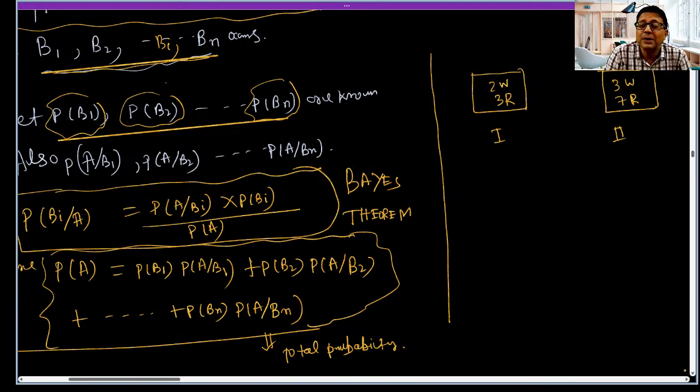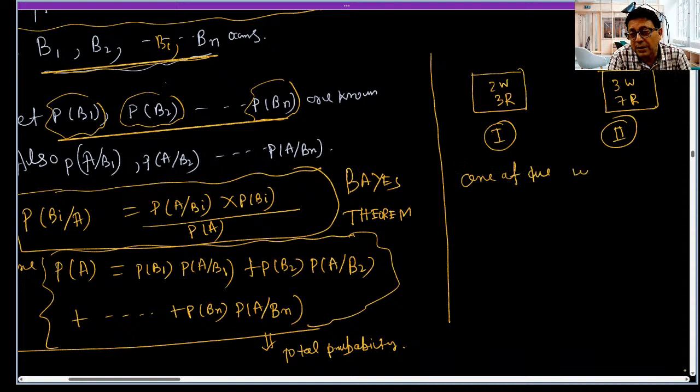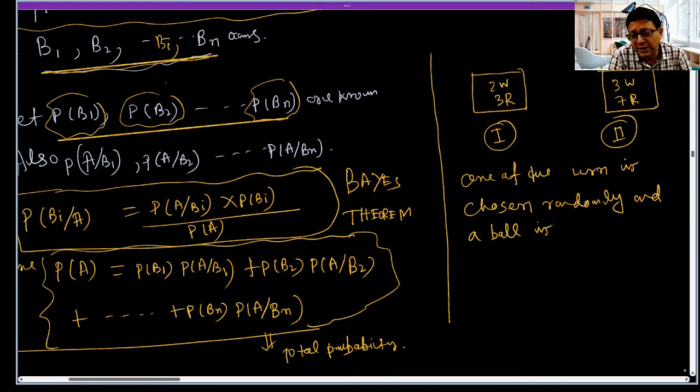Question is given: one of the urns is chosen randomly and a ball is drawn from it. I am writing the question. One of the urns is chosen randomly and a ball is drawn from it.